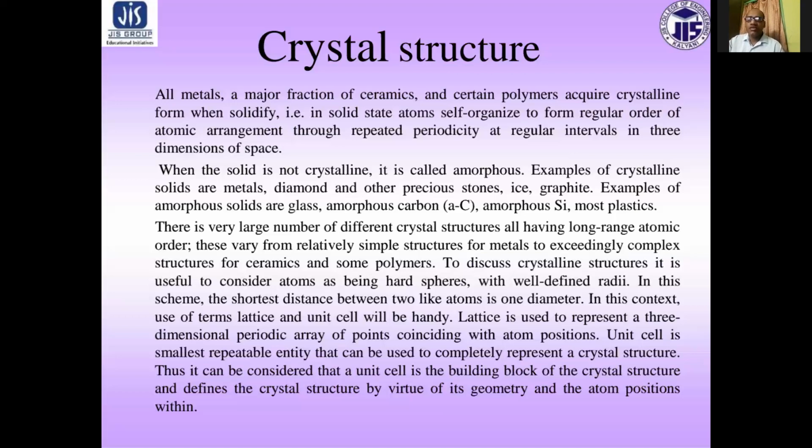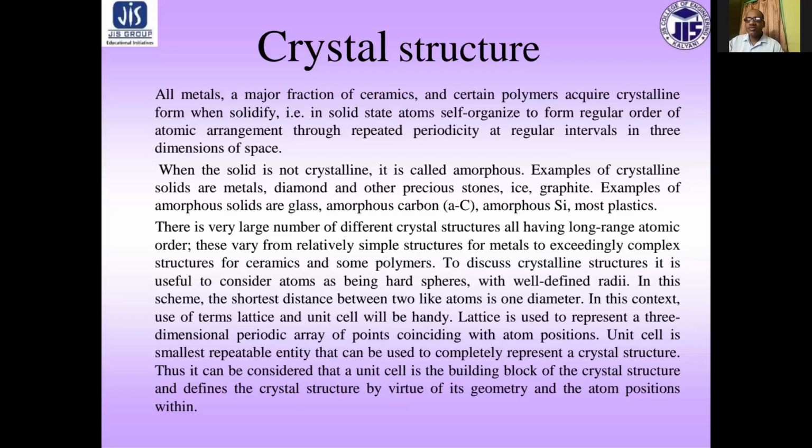When the solid is not crystalline, it is called amorphous. Examples of crystalline solids are metals, diamond, and other precious stones, ice, graphite, etc. And examples of amorphous solids are glass, amorphous carbon, amorphous silicon, and most plastics.